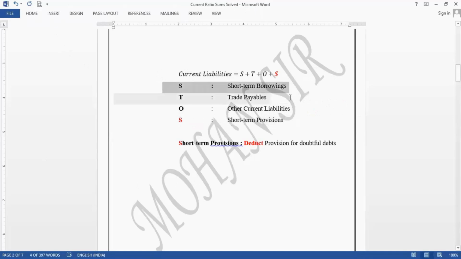So STOS are the contents of current liabilities. Again, we can see that this S, short-term provisions, has been marked with red. The reason is very clear. From short-term provisions, we need to deduct provision for doubtful debts while calculating current liabilities for current ratio.